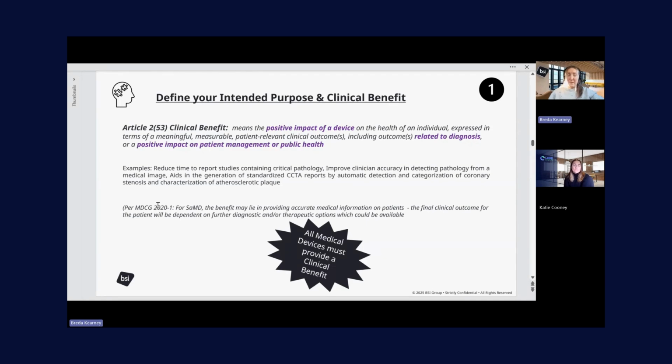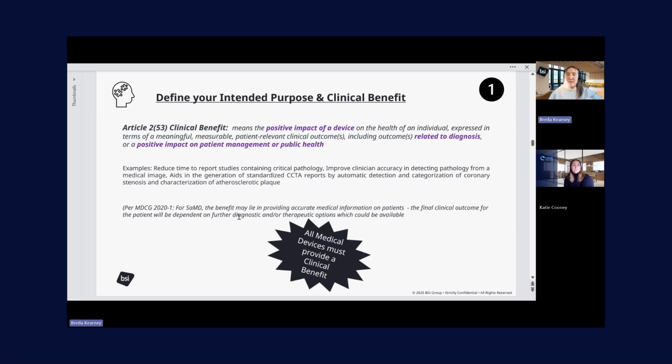So I have the reference there, MDCG 2020-1, which tells us that for software as a medical device, the benefit may lie in providing accurate information for patients. The final clinical outcome will be dependent on further diagnostic and/or therapeutic actions.